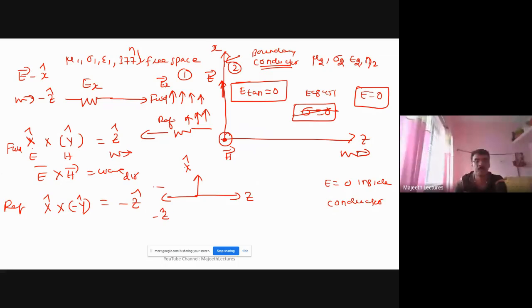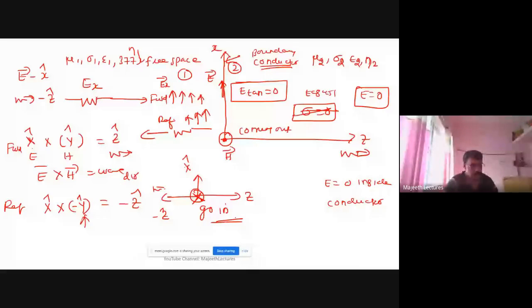Here the wave propagates and H should be in minus y. That means it goes inside. Here it is coming out, plus y. Here it goes in. These things we must remember whenever we want to deal with this.